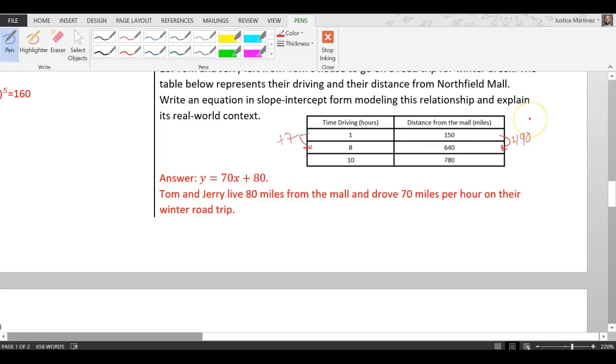Well, 490 divided by 7 is 70, meaning my slope was 70. But the biggest mistake people are going to make is they're going to forget that they need to take it back to 0, meaning I can't say 150 is my starting point. I need to subtract my slope, which is 70, which is going to yield me 80.